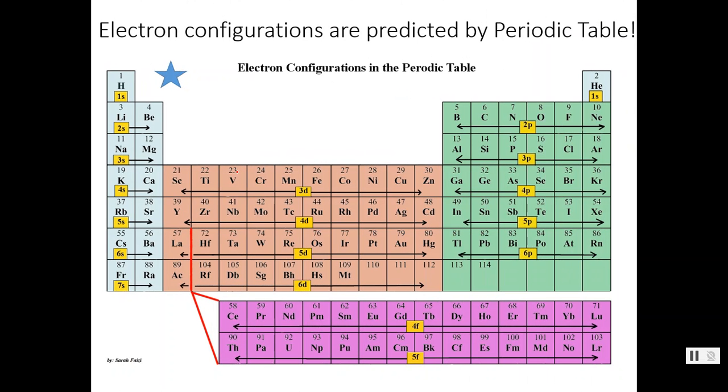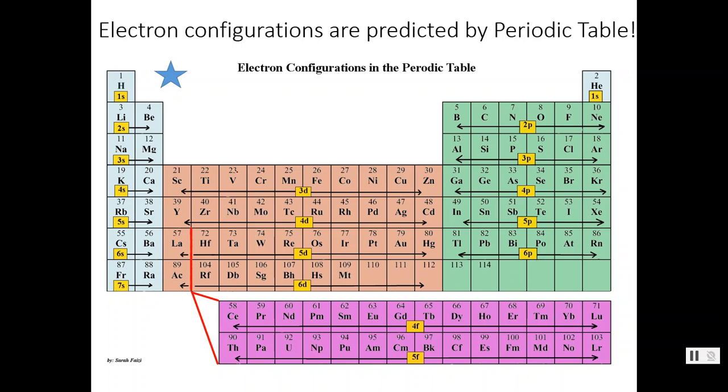So you may be thinking, okay, that's great. How do I use that information, or how do I get that information? How do I use the principal quantum number and this letter S, P, D, or F to say something about where an electron is in an atom?